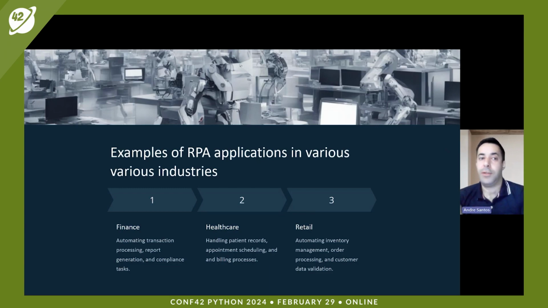To illustrate the practical application of RPA in Python, let's consider a case study involving invoice processing. Let's imagine the following scenario. A company receives an invoice via email daily. The accounts payable team manually extracts relevant information such as invoice number, date, and total amount from each invoice.